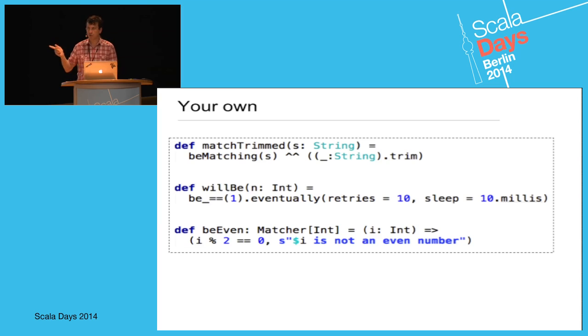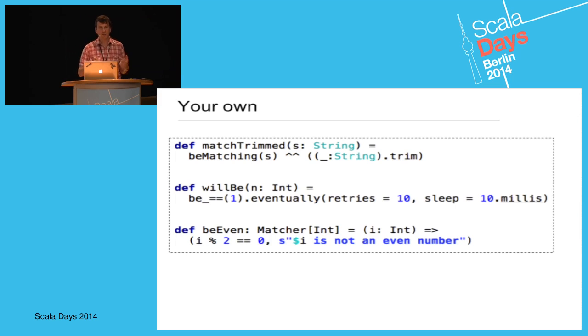The second example shows another way. You have a matcher, but you want to invoke it on an operation which might fail the first time, might fail the second time, but maybe it's going to be okay on the third time. So you can transform this matcher into an eventually matcher that's going to retry the match until it succeeds, or maybe not. And eventually, if you don't find a way to combine the existing matchers to do exactly what you want, well, you can create your own. And it's very easy.